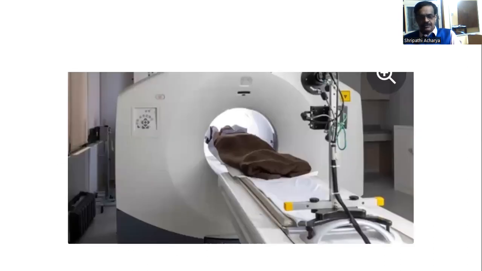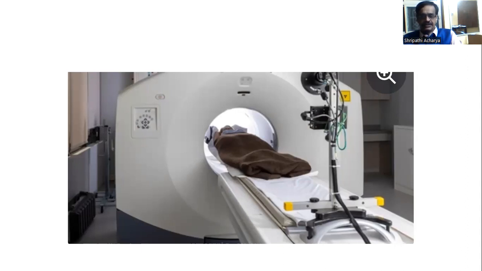This is the instrument, you can see. So the person is made to lie on a bed, and the bed itself is introduced into the aperture, which is surrounded by detectors.